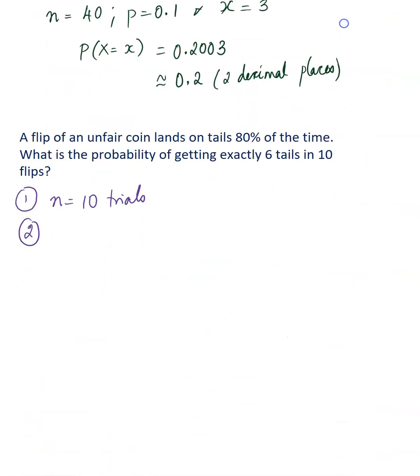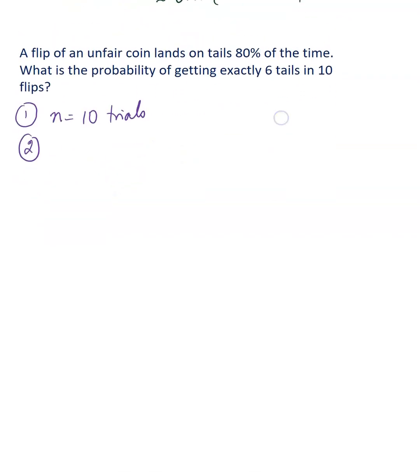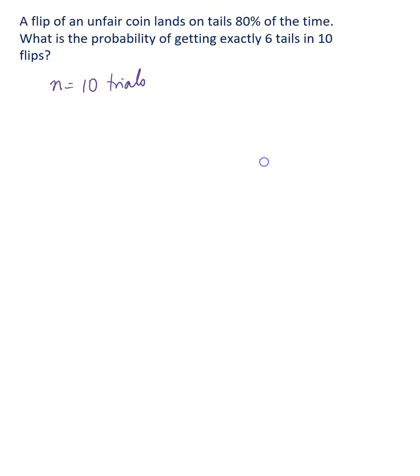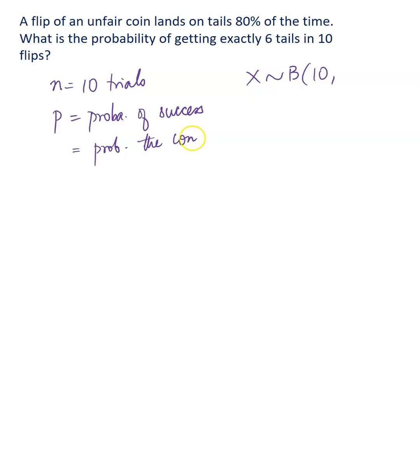Okay, so we're checking all the 4 conditions. So I'll just come down to our problem. I'll collect what details we have then. Okay, we established that it's a binomial. So we know that x is a binomial with n equals 10. And what is p? Probability of success. Here it means the probability the coin lands on tails.